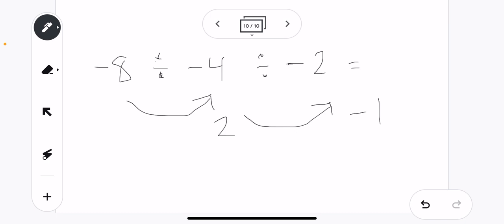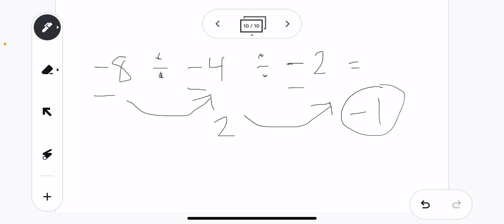See how that works? So that means if you have an odd number of negative numbers that you are dividing by each other, you're going to end up with a negative number.